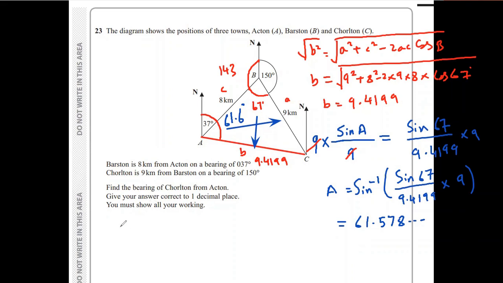That must be, bearing will be equal to 37 plus 61.6, and 37 plus 61.6 will give me 98.6. Mind you, don't leave your answer like this. The bearing must be written as a 3-digit number, so that's why a 0 must be there.